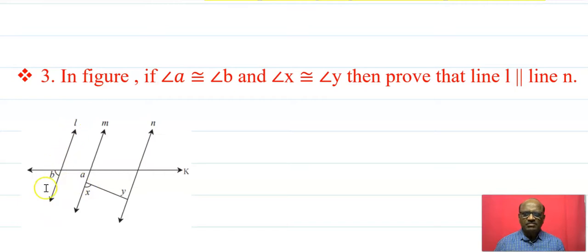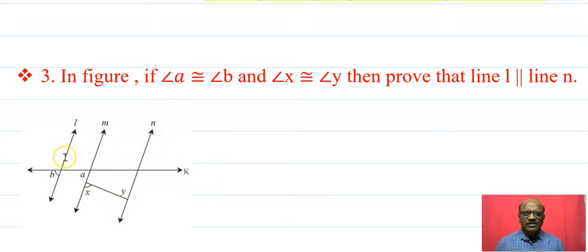Therefore, line M is parallel to line N. Next, for the lines M and N, this line is a transversal, and the angle X and angle Y are alternate angles and they are congruent. Therefore, line M is parallel to line N.